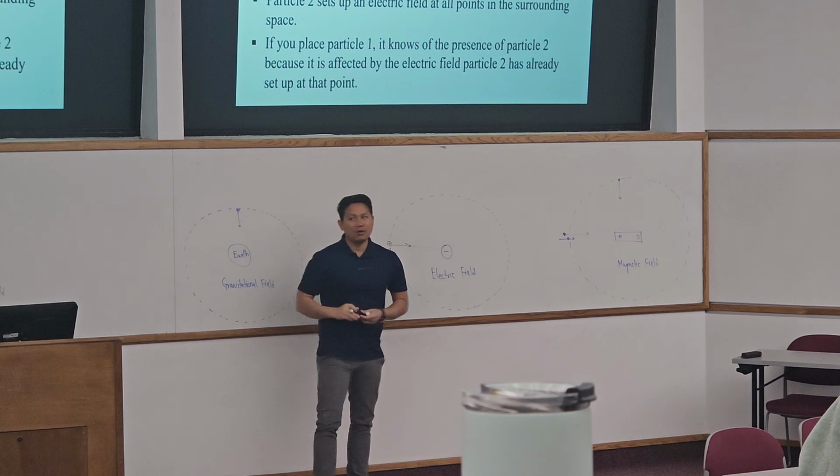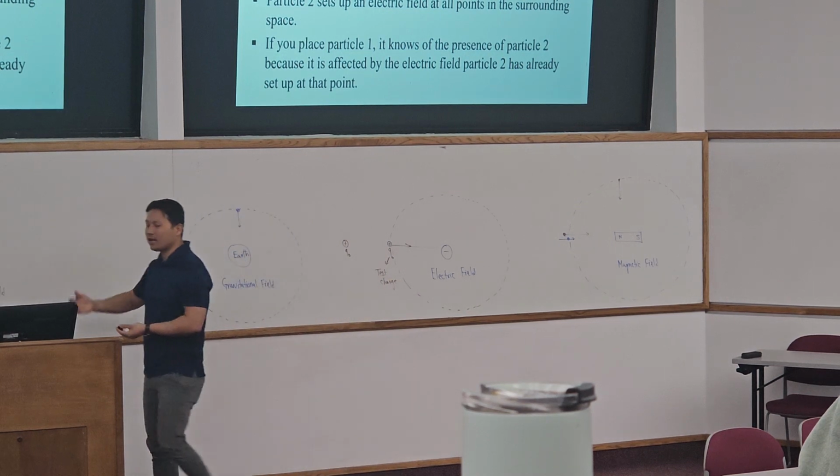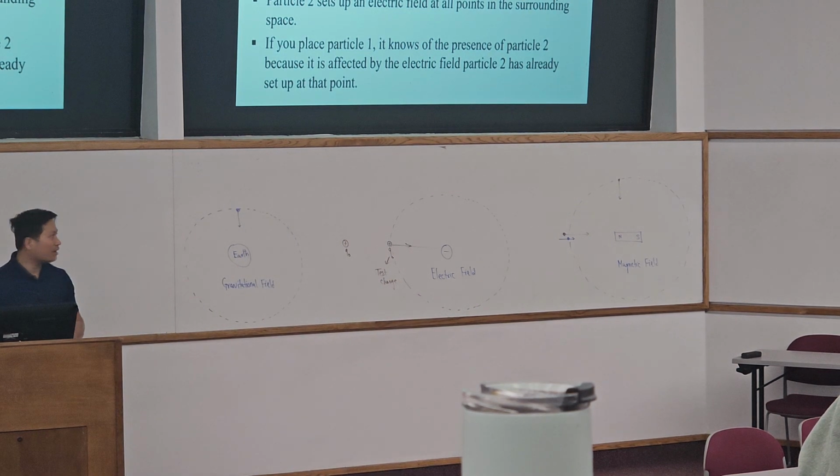So this is how we feel it. Depending on what kind of field it is, we can define the electric field, gravitational field, magnetic field, and so on. Depending on the kind of field, there is a different way to find the field produced by it.